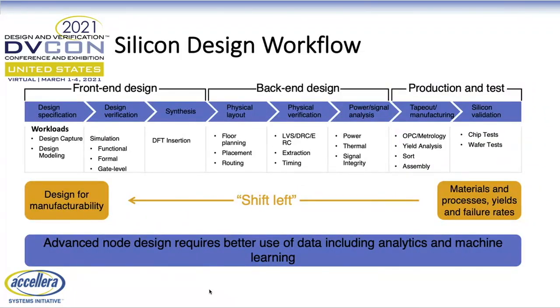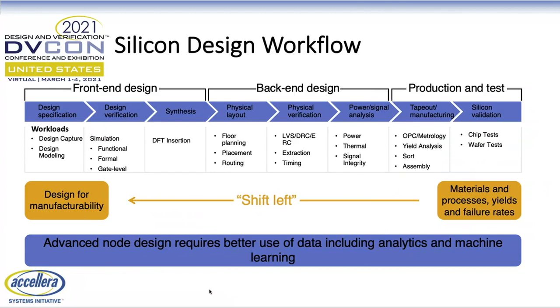But the idea behind running your workflows on AWS is to try to shift the process, or more of it, to the left side, so that you can do more analysis, more verification, and more yield and failure rate analysis early on, so that can improve the likelihood and the success of your tape out.